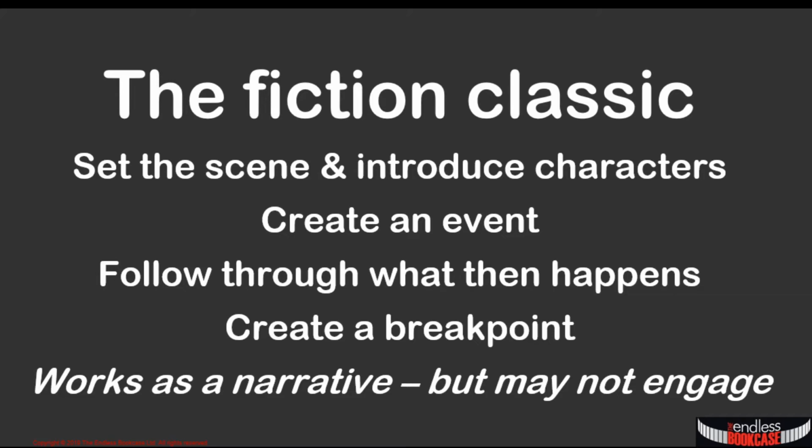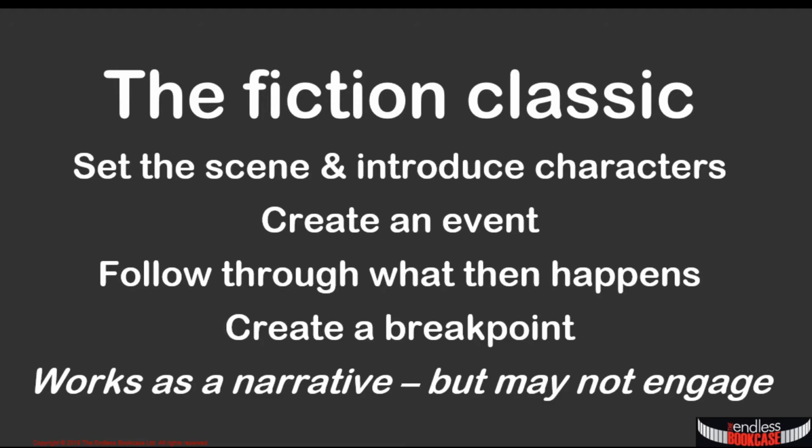Then usually what happens is you create some kind of event that kicks everything off. For this chapter, or in the first chapter for the whole book, there's some event that is significant. And then once that event happens, then you follow through what then happens as a result of that event, and the story unfolds, so to speak.